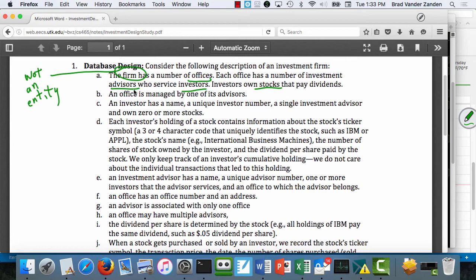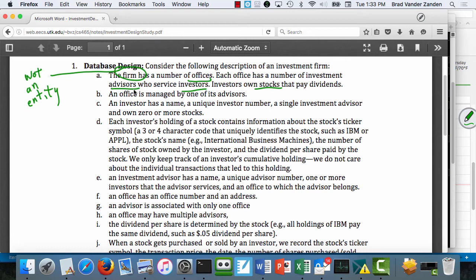The firm is a database about the firm. The firm itself is not an entity. Okay? If you want to model the firm as an entity, then think exactly what relation. There's got to be a relation associated with it. Okay, what information are you putting in the relation? First of all, it's only one tuple for sure, because we only got one firm.